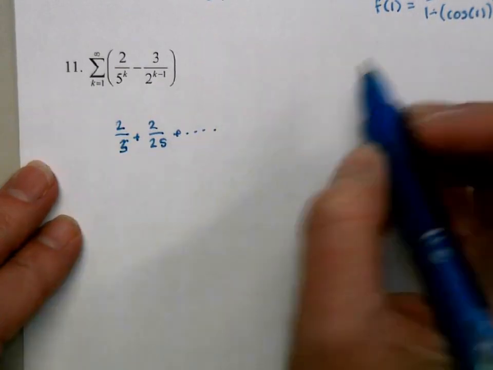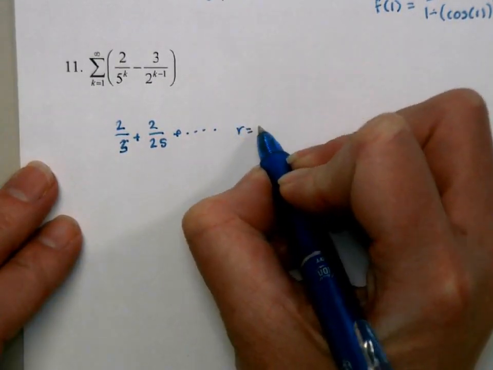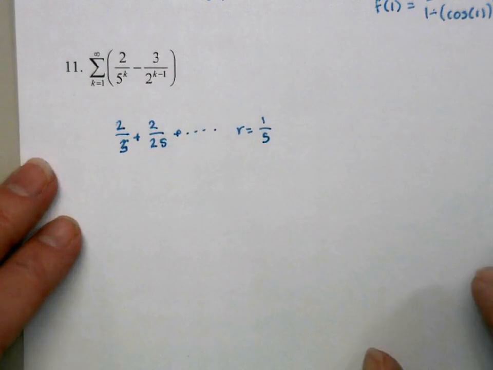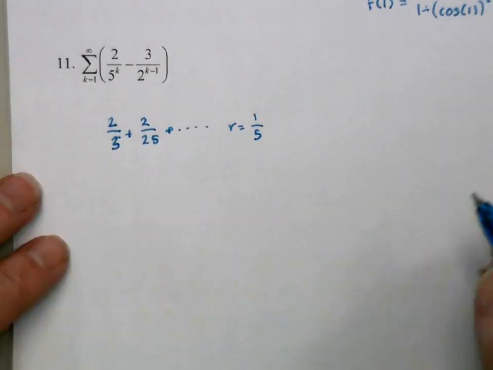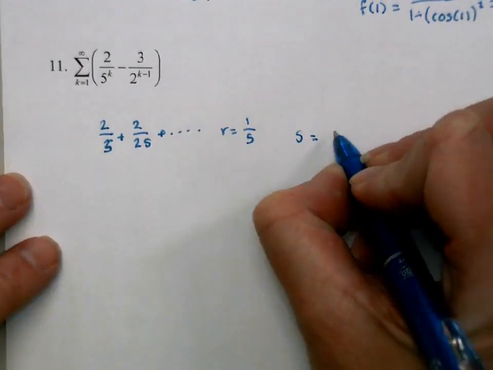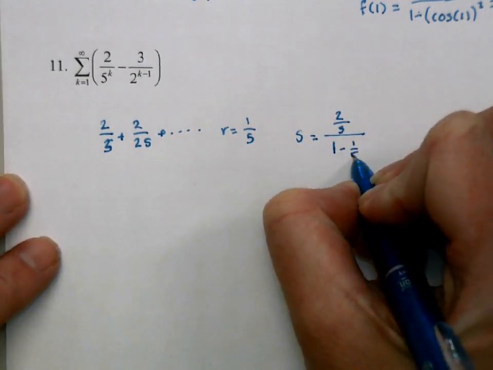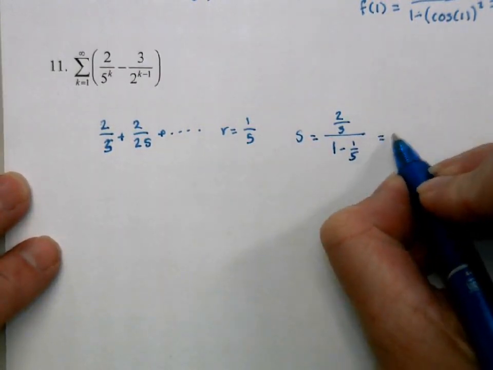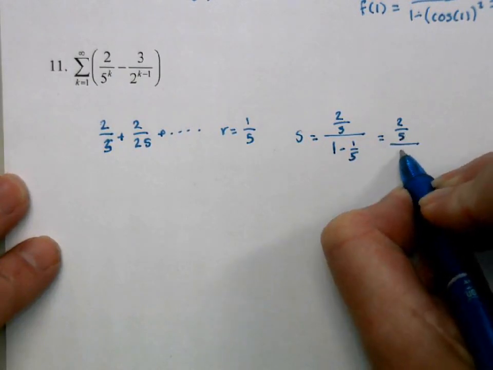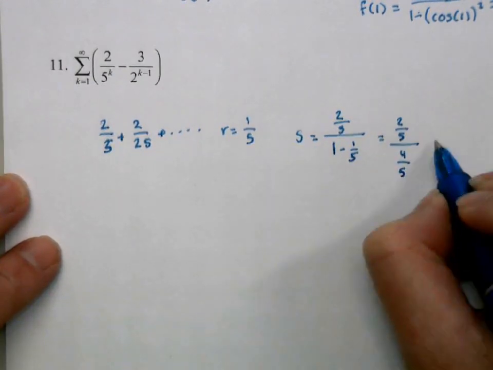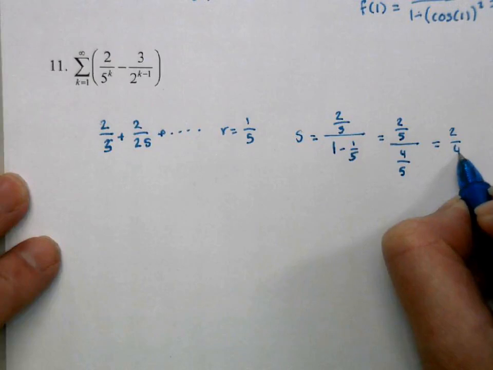My r would be 1 fifth. So that one would have a sum of 2 fifths over 1 minus 1 fifth, which is 2 over 4, or 1/2.